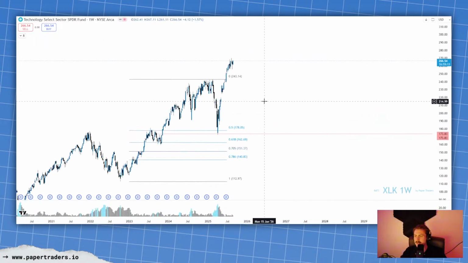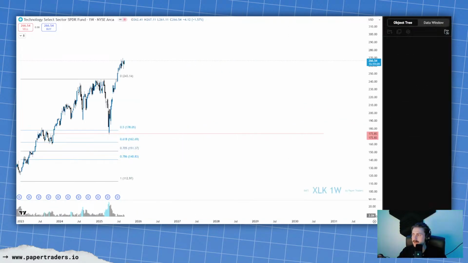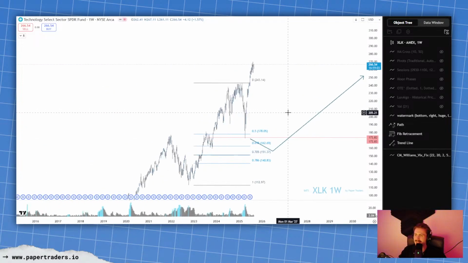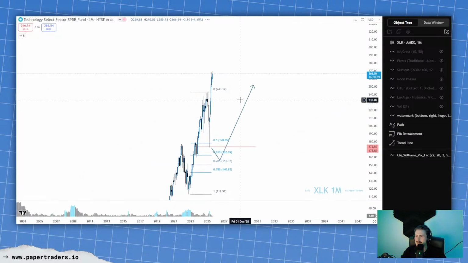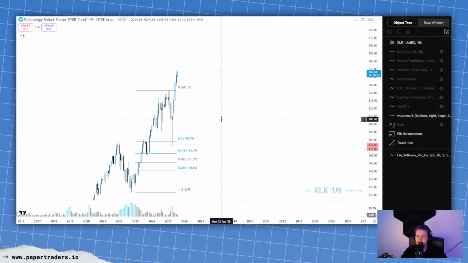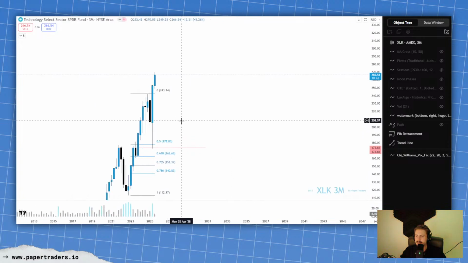A little crankaroony. Put a path on it. June 8th. Pretty close. I think that's when we were looking at the quarterlies. 3 month, right outside. That's insane. Tap of that OB.